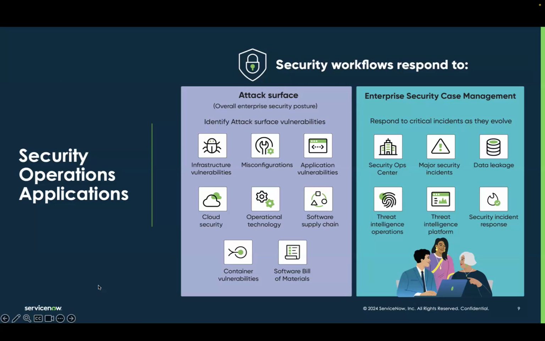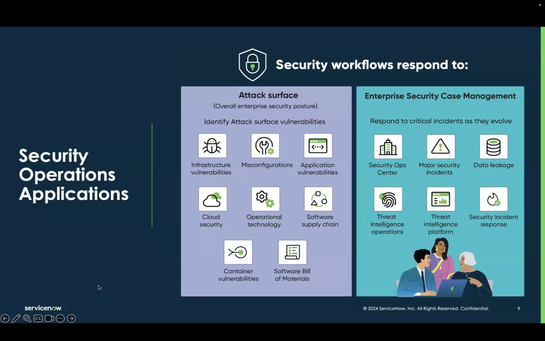One thing I would add and encourage you to do is check with your account team to ensure you know what you're entitled to in your security operations solutions. For instance, with vulnerability response, you could also have access to application vulnerability response and container vulnerability response and SBOM.